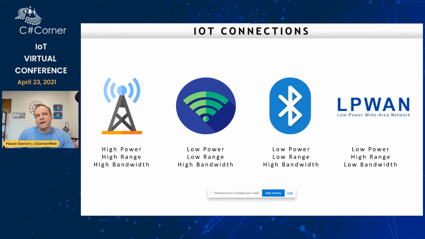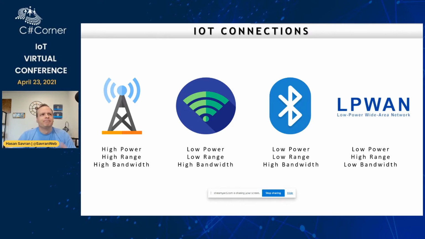The perfect network connectivity would consume extremely little power, have a huge range, and transmit a large amount of data. That connection doesn't exist.